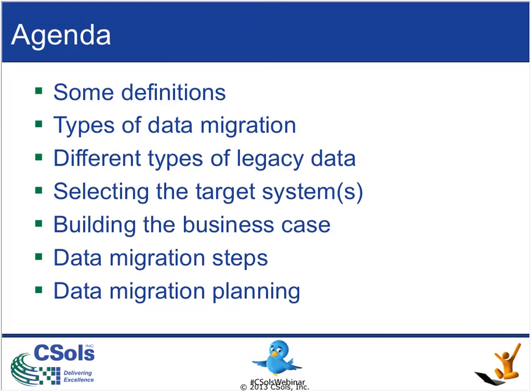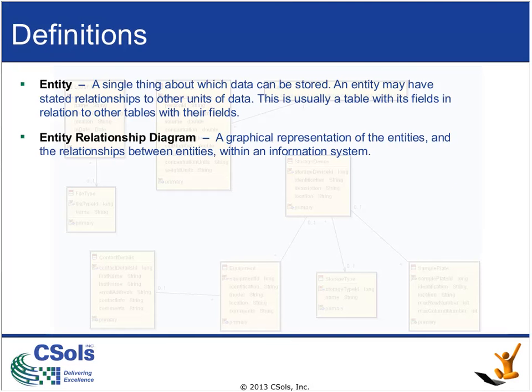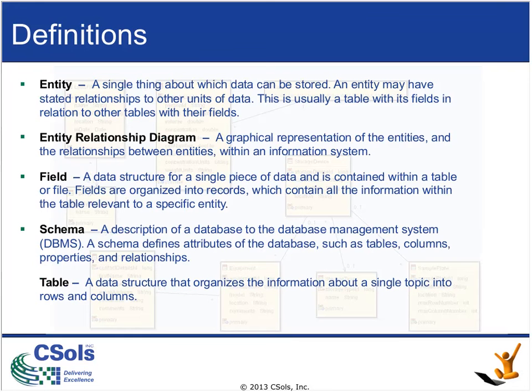So, moving forward, let's go through some definitions here. For those of you that are familiar with databases, just bear with me for about 30 seconds because all of this will be very well known to you. So, some definitions. An entity, within a database, is a single thing about which data can be stored. To use an example which will be applicable to the lab, let's use an example of a sample.